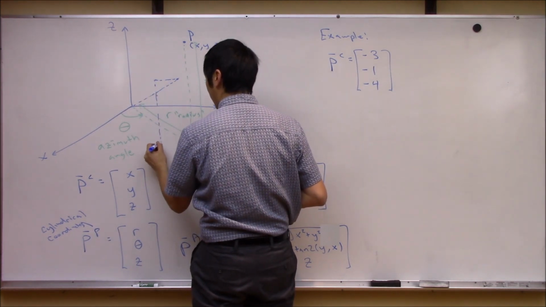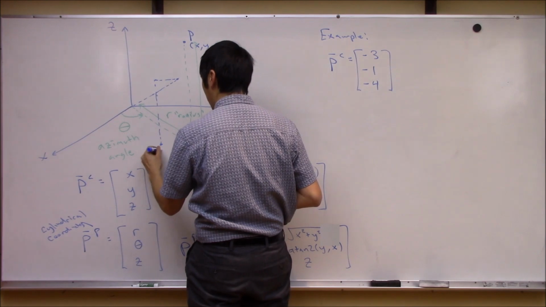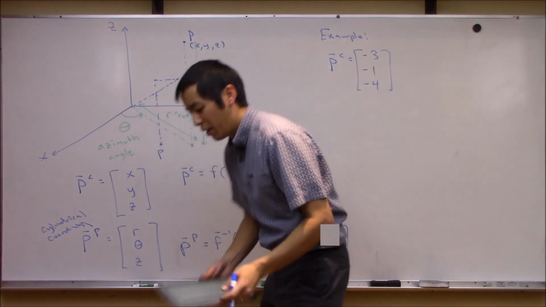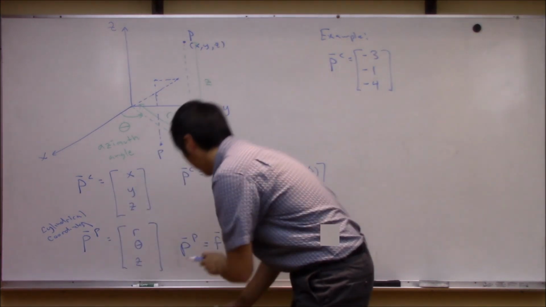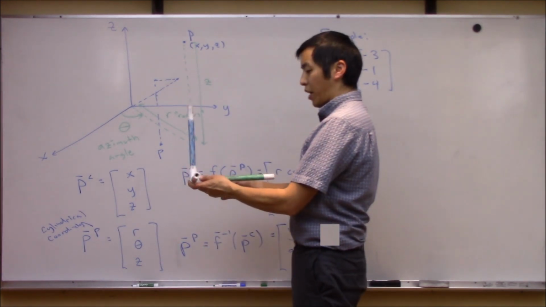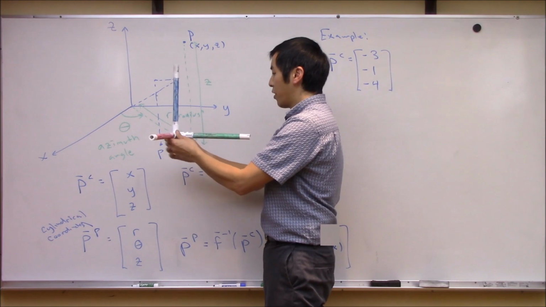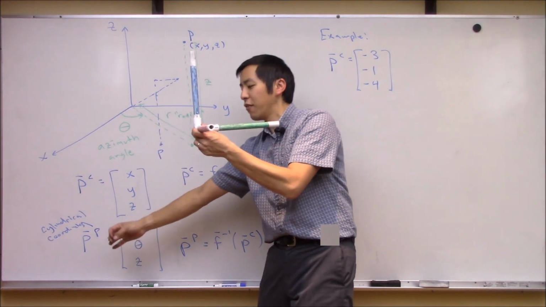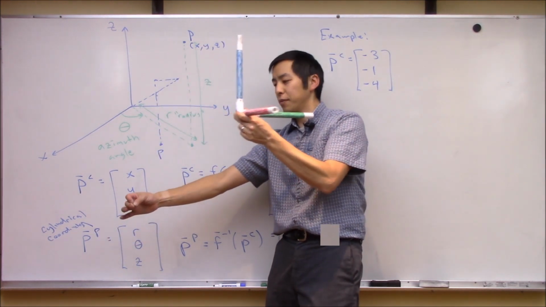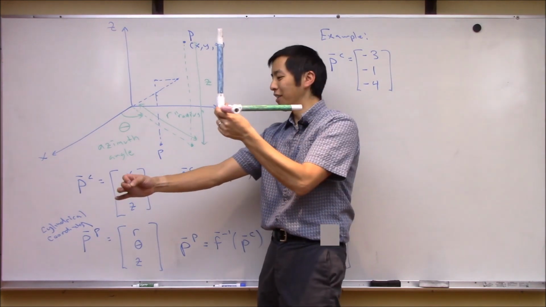I know this is a little bit hard to see, but basically P is down here. So here's x, y, and z, and the point P is hanging out kind of down here.